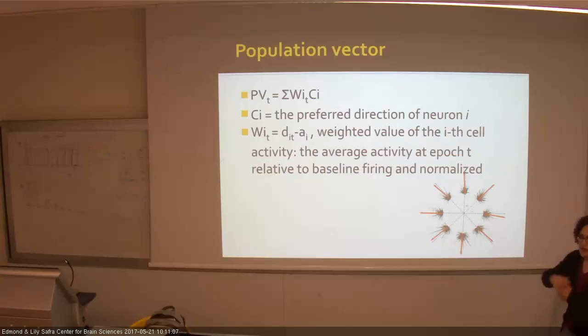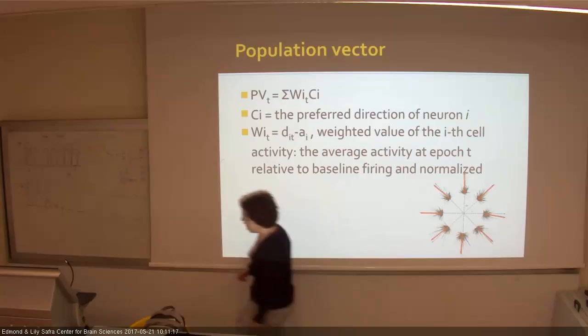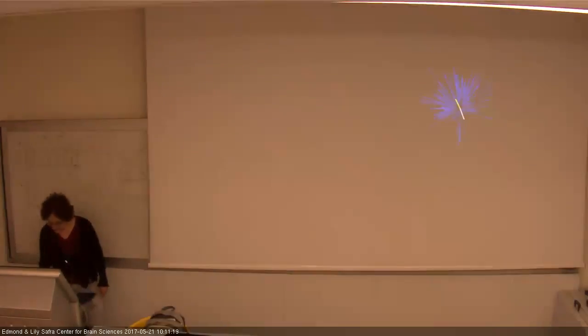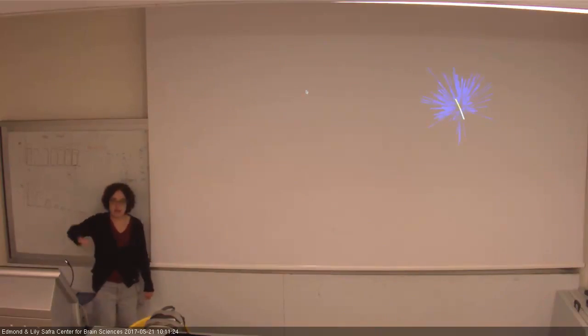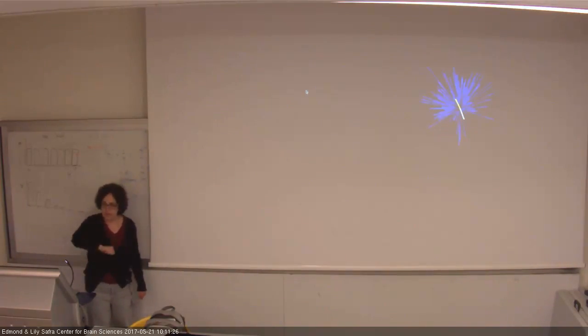So the idea is that the population vector instantaneously tracks the movement of the monkey, and I have an example here. The monkey was required to follow a cursor that moved in a spiral in space.